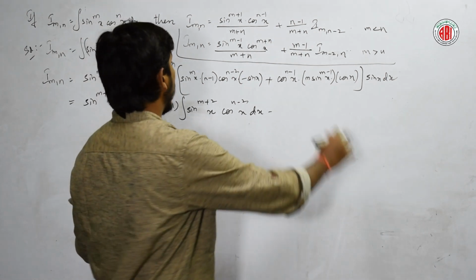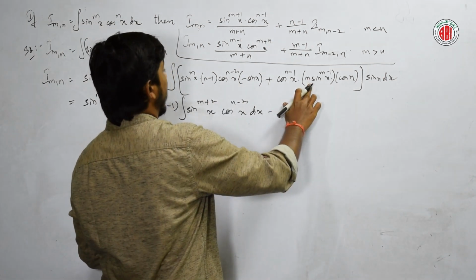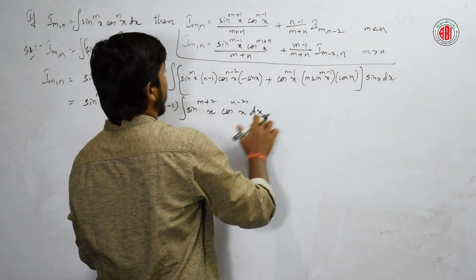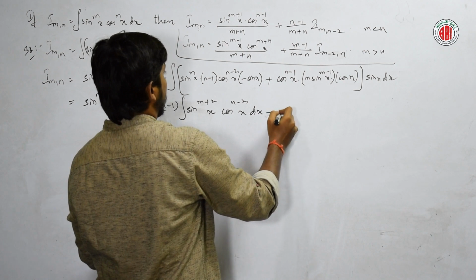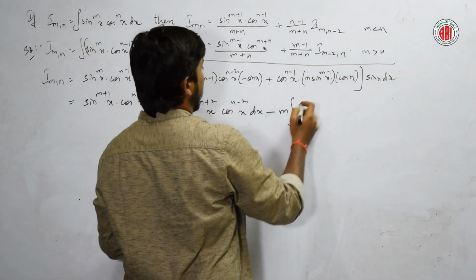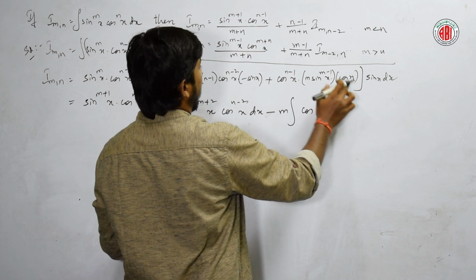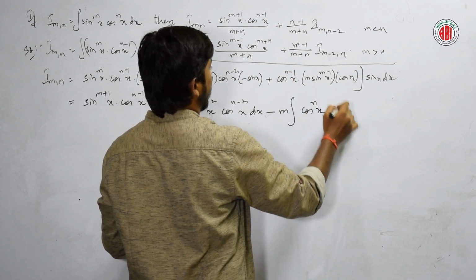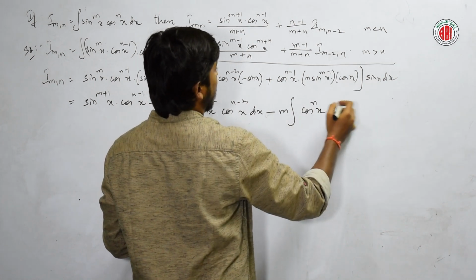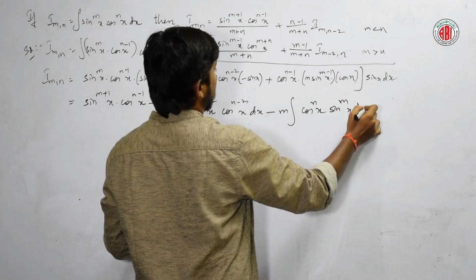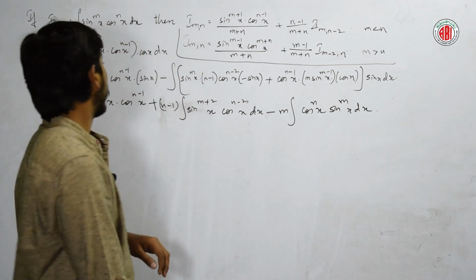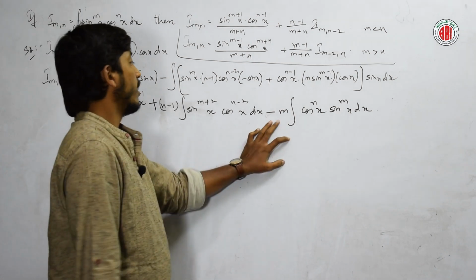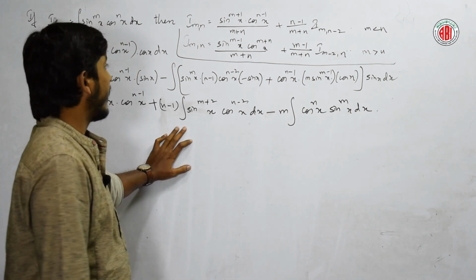Is it okay? Now the next, here m is left, and that is it, right. So let us write it as minus m integral cos^(n-1) plus 1, this is cos^n x, and here sin^(m-1) plus 1, this will be sin^m x dx. Is it clear? Any discussion? Nothing, right. So now let us write all together and simplify.